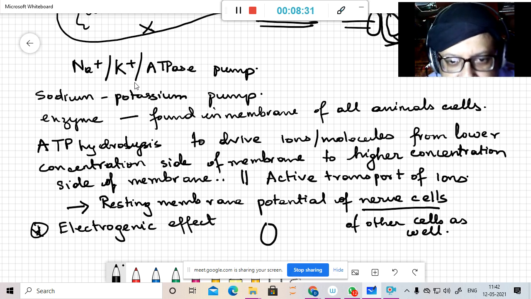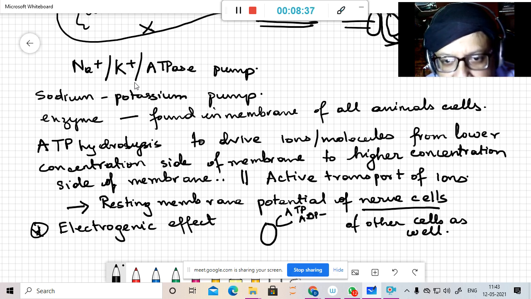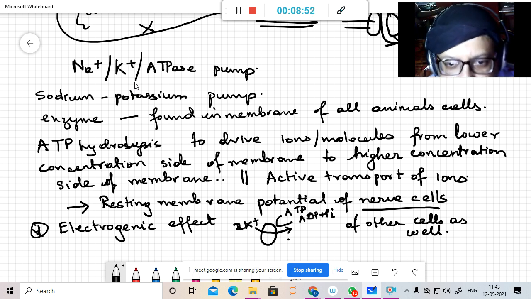where ATP is hydrolyzed into ADP plus Pi and energy is released, and two potassium ions enter inside and three sodium ions exit.